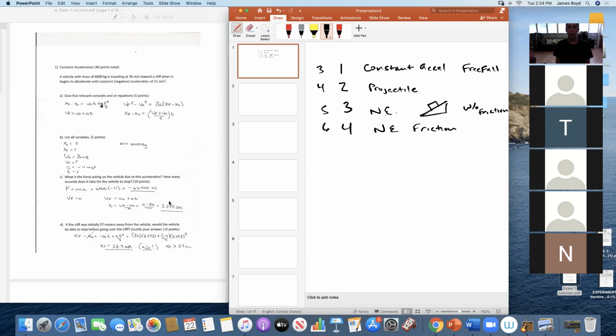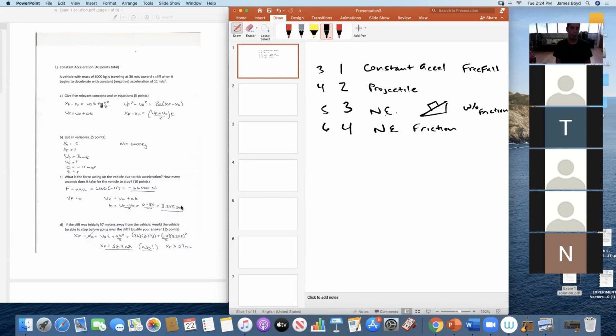I'll also accept this number right here, negative 36 over negative 11. If you don't want to put in the time and you don't need it, don't even put it in your calculator. I'm 100% okay with that. I will accept negative 36 over 11 as 3.273 seconds.